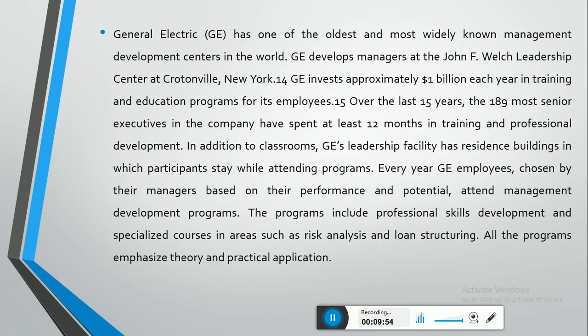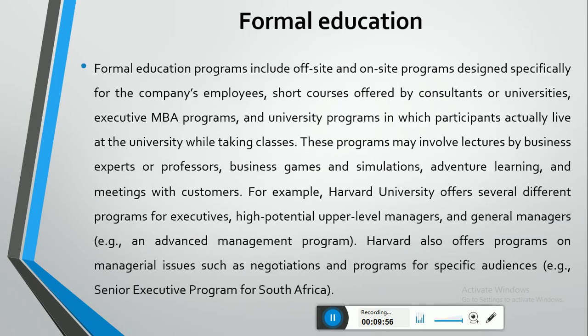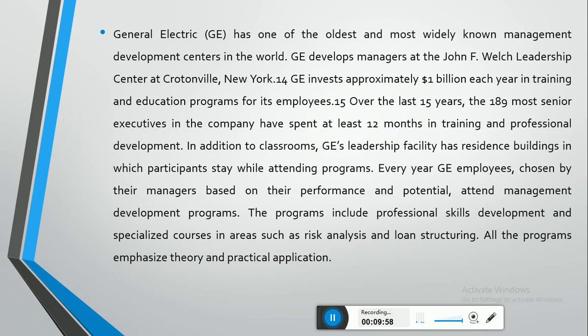Now the company General Electric has one of the oldest and most widely known management development centers in the world. So this company has a management center. They are spending around 1 billion each year on training and education programs for their employees.